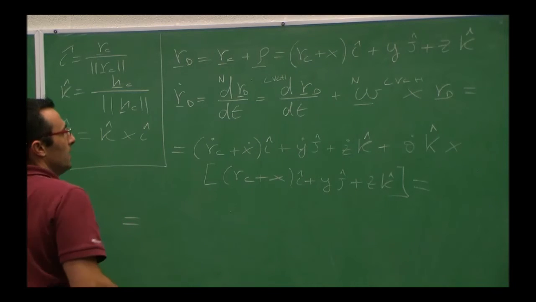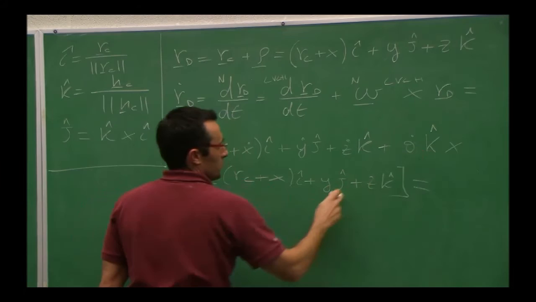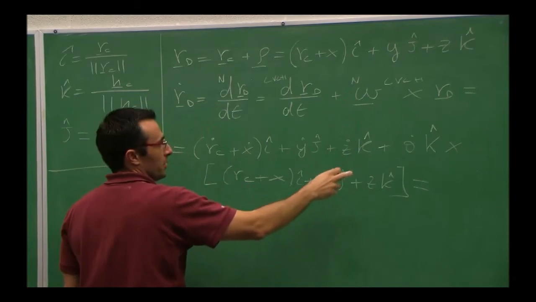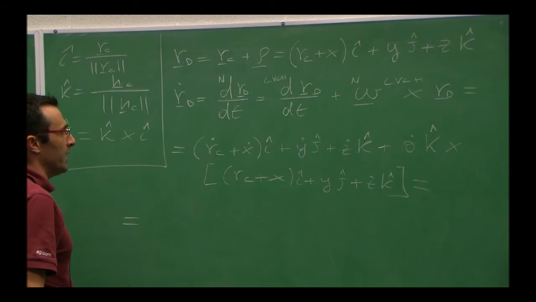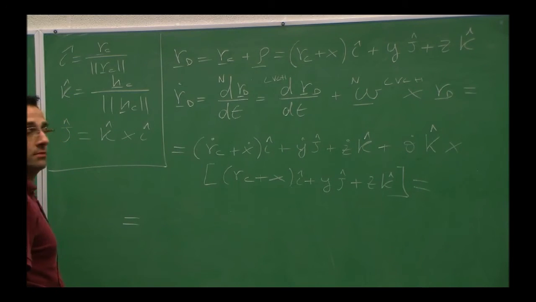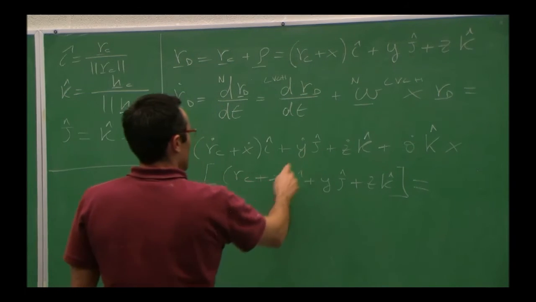I see a K crossed with I, a K crossed with J, a K crossed with K. I don't even bother about that one. So K crossed with I is going to give me a J, right? So where do I see a J? Right here.